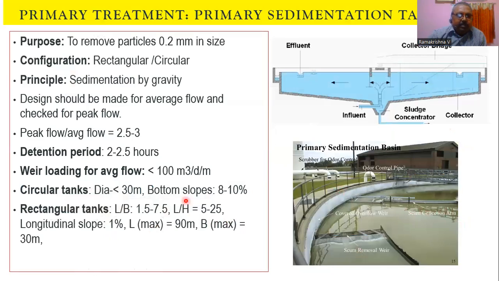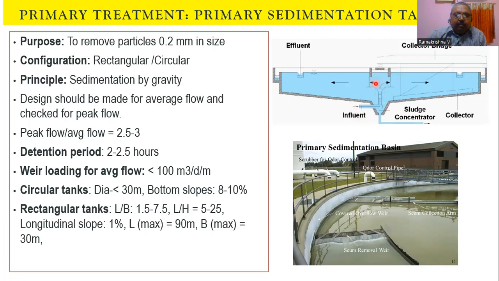Now this is the sedimentation tank, primary sedimentation tank, circular in shape. The water will be entering from the bottom and then enters here. Then there will be a distribution channel here, around 1 to 2 meters below the water level.